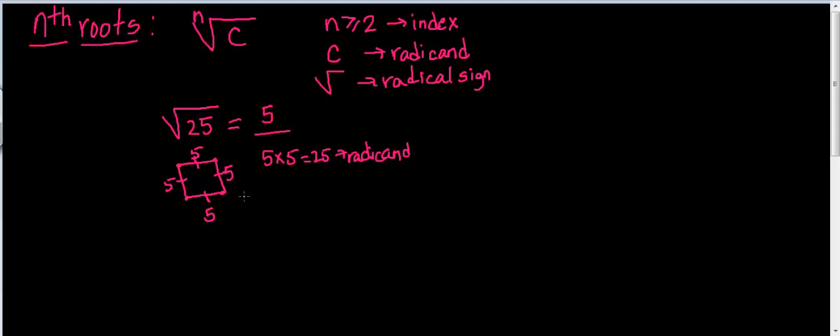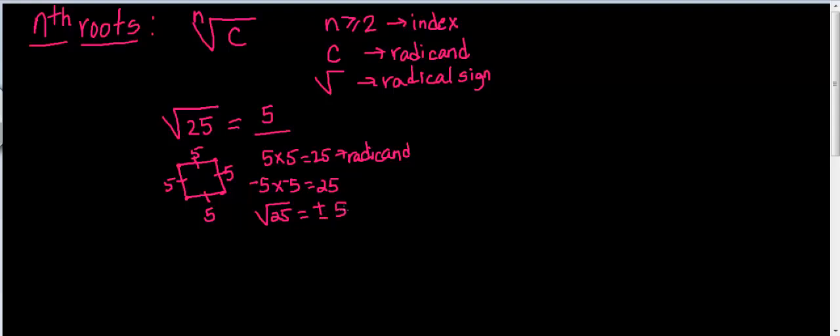Okay? What other number can I use to get 25? The other number that exists is -5 times -5. That will also give you 25. That's why sometimes when you see the square root of 25, you'll see that that is equal to plus or minus 5.